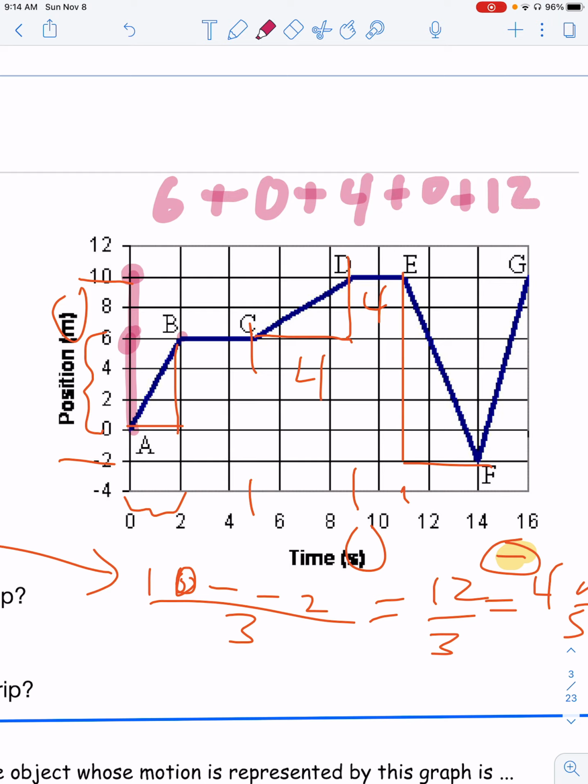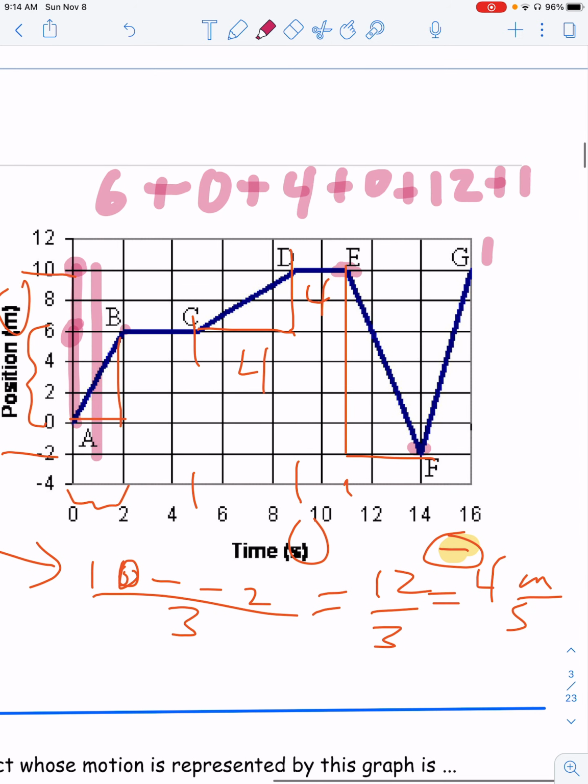I'm not going to put a negative on it because I'm talking about distance. So I went back down from here all the way down to there. Then F to G, I did another 12. So 24 plus 4 is 28, plus 6 is 34.